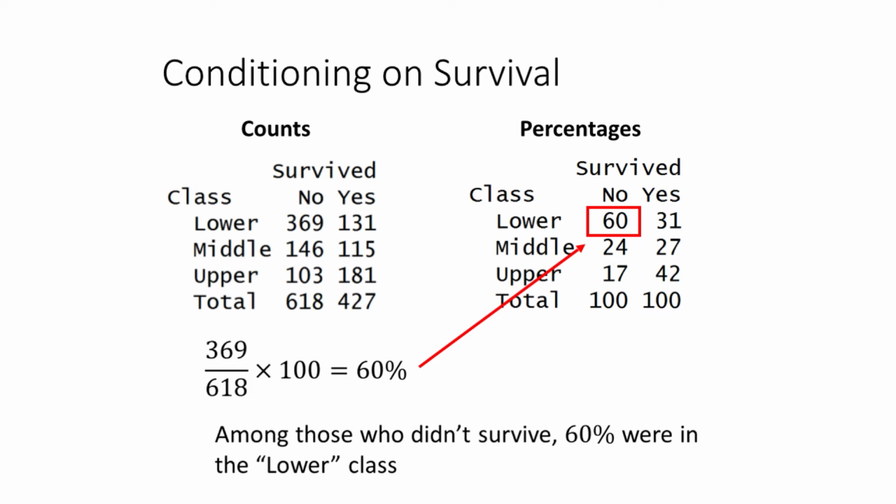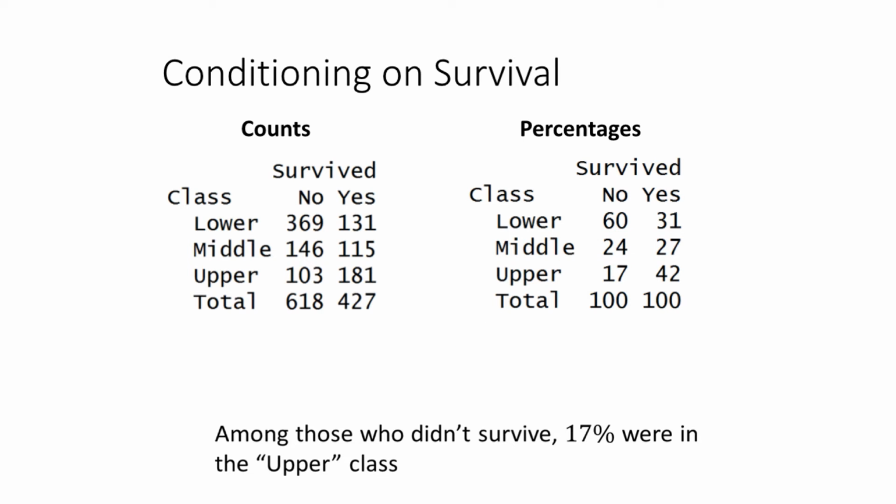This percentage tells us that among those who didn't survive, 60% were in the lower class. Similarly, 24% were in the middle class among those who didn't survive. We're just taking the count for a particular cell and dividing by the total number of people who didn't survive. Among those who didn't survive, 17% were in the upper class.